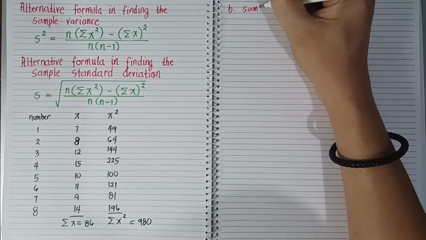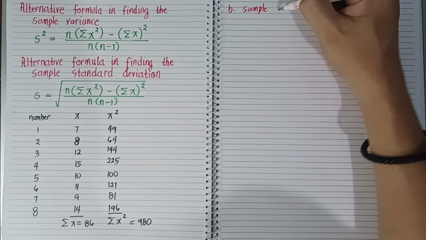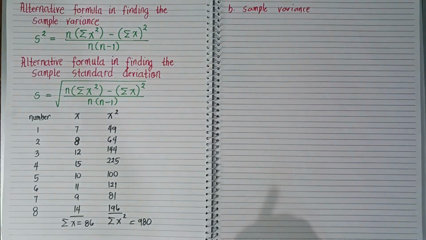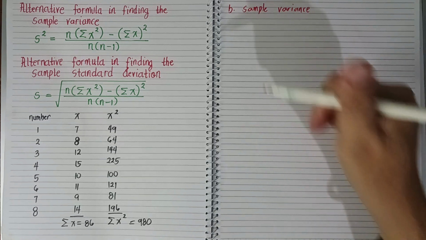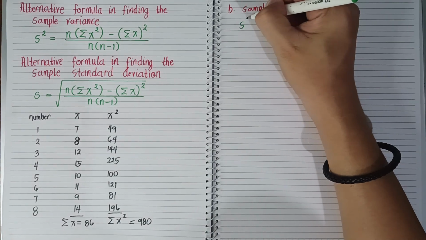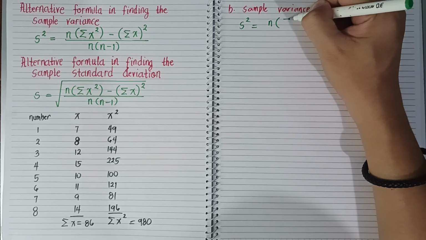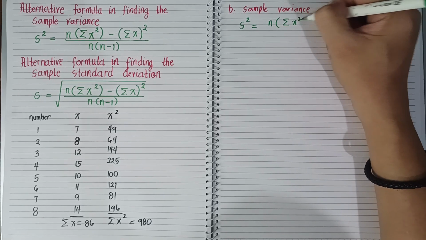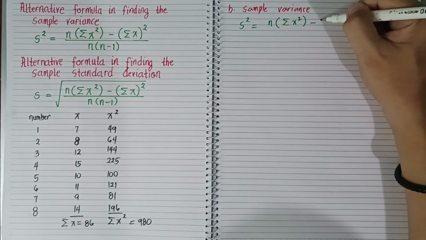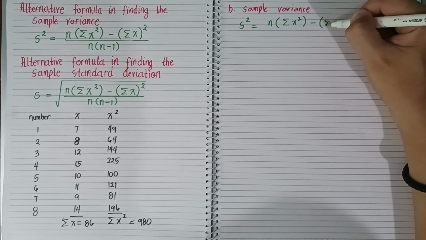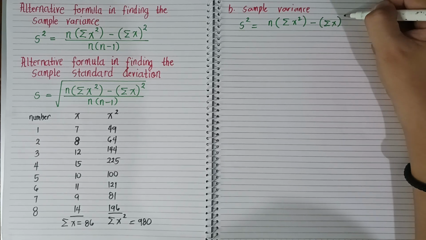Sample variance. So, the formula is given by S squared is equal to N times the summation of X squared close minus parentheses summation of X close squared.